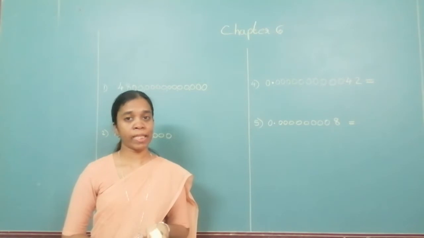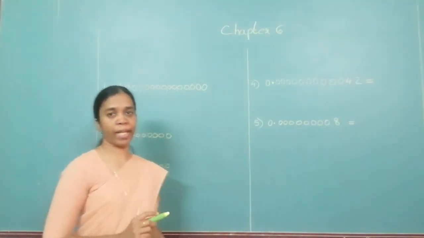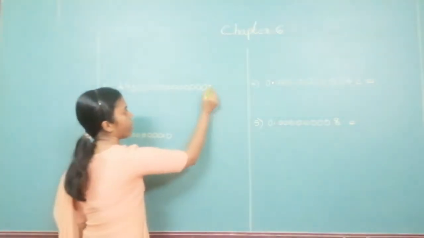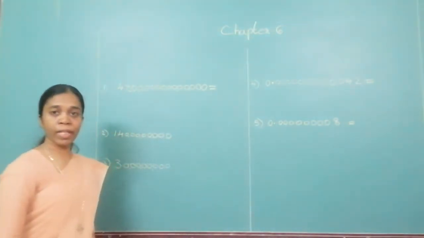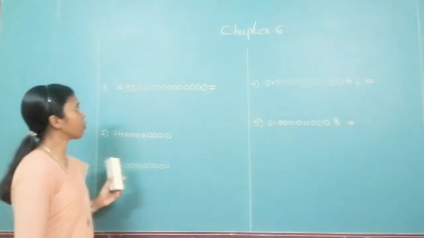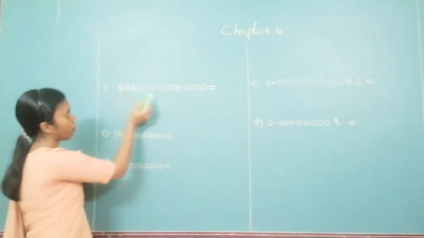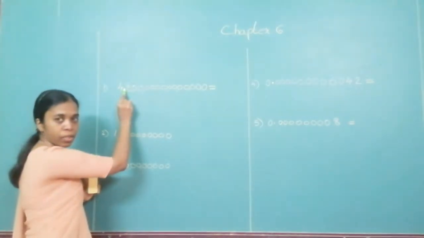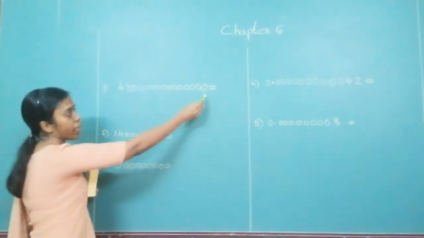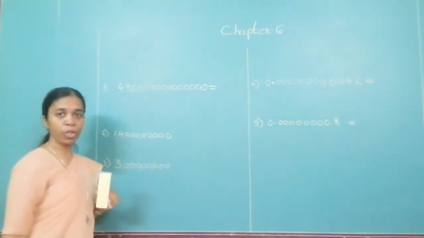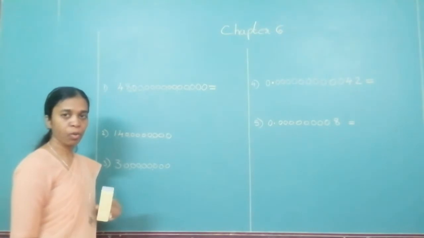That is what we call the standard form. So how do we write it? We will write it in one digit integer form. That means the one integer will be 4. We will bring a decimal after one digit and put the rest as a power of 10.